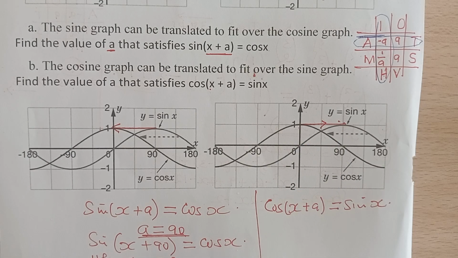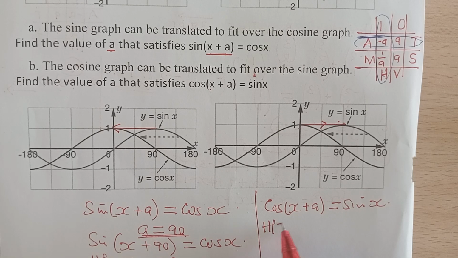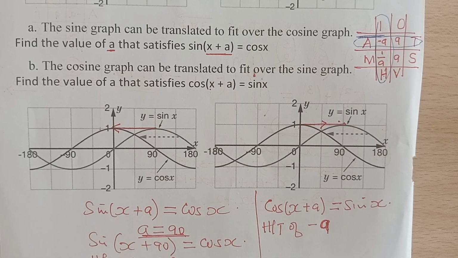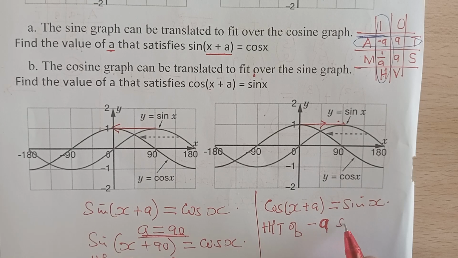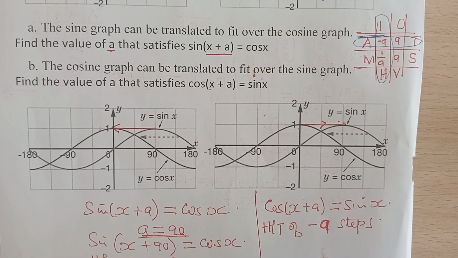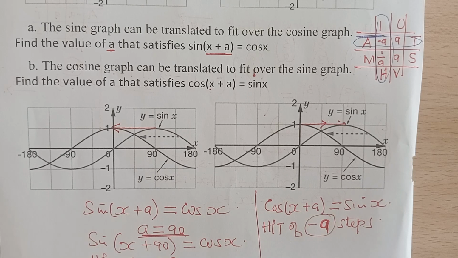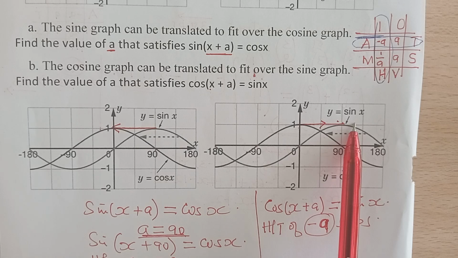Because we know this is horizontal translation of negative A steps, this negative now has to be made positive because finally we are going to the right.